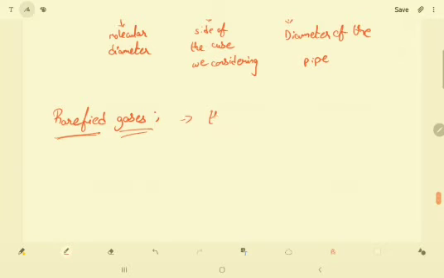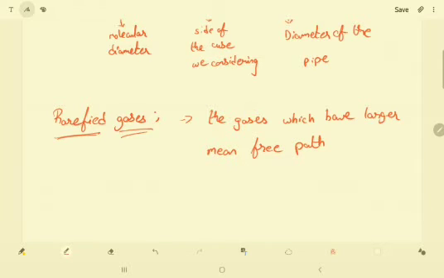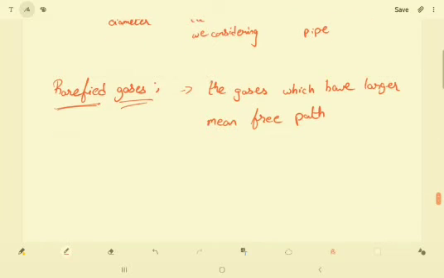The gases which have a larger mean free path. What does it mean by the mean free path?